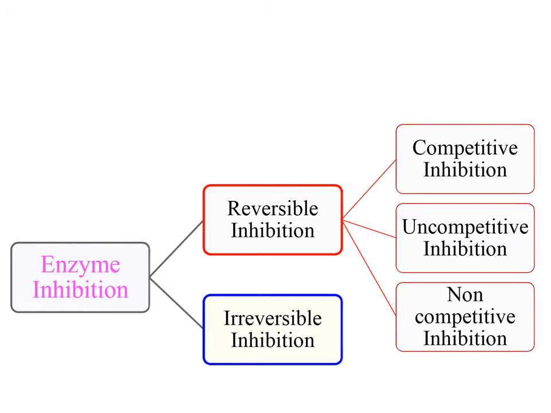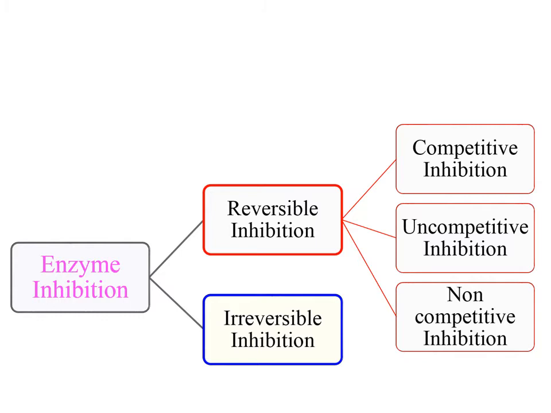Non-competitive inhibition is when the binding has occurred from the substrate to the enzyme, but this other molecule can bind also, and it will reduce the product that is formed.